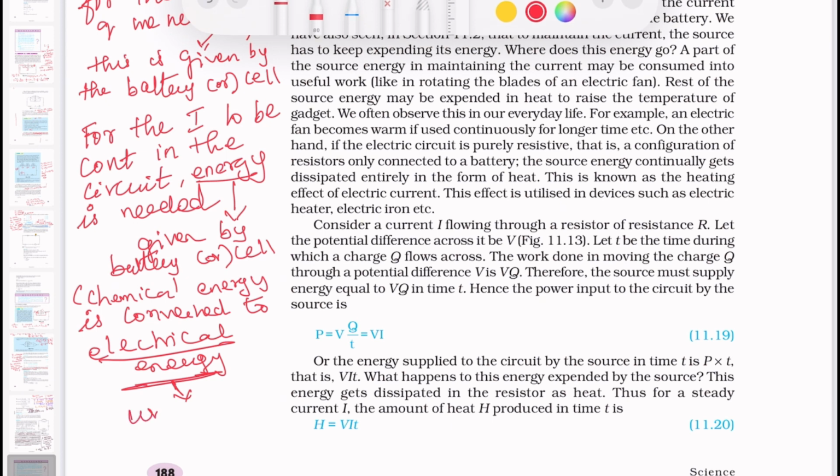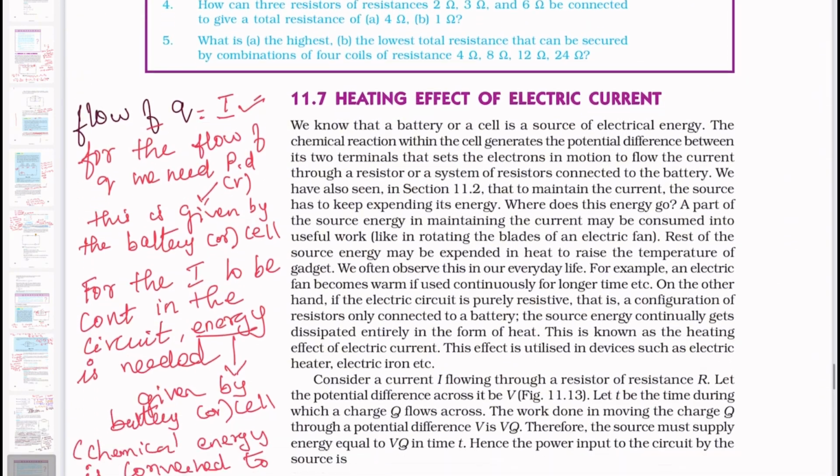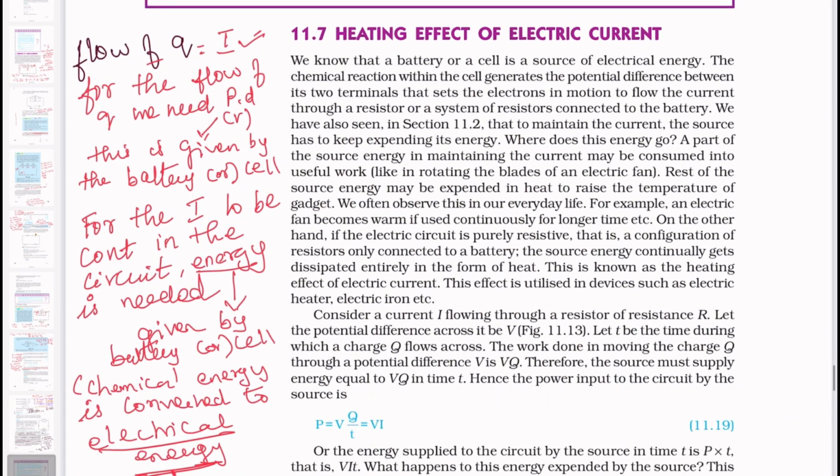Using this energy, there is continuous flow of current. Okay. So this is the understanding of how current flows continuously in a circuit, which is given by the first few lines from this topic.